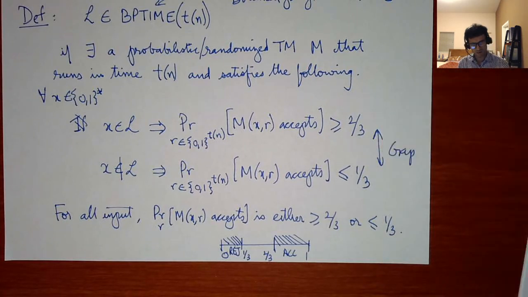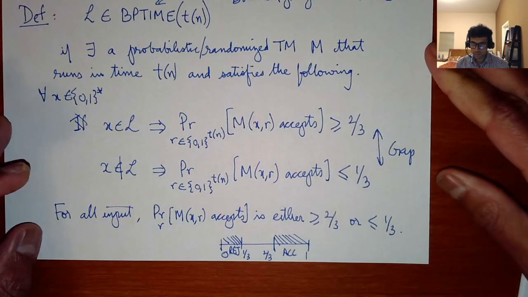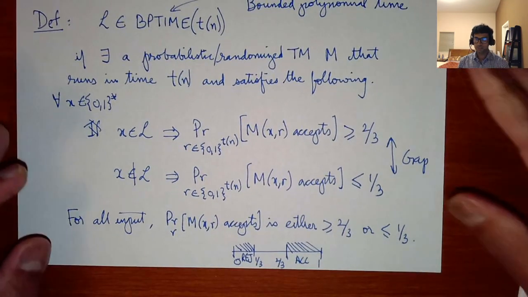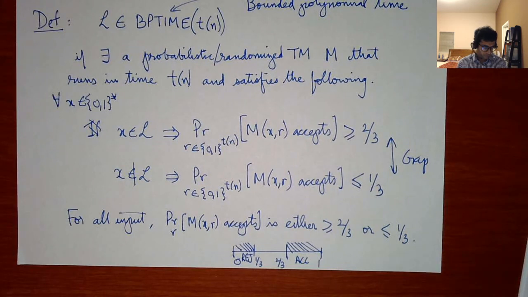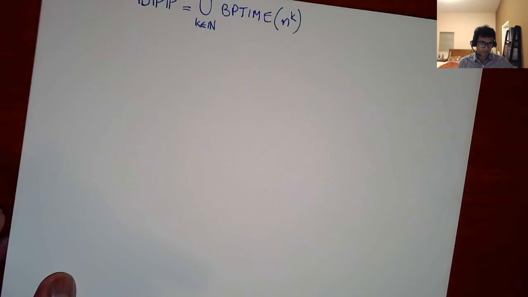As long as you can get up to 2/3, we'll see that this gap can be amplified significantly. Okay, so does this definition make sense? So this is BPP.